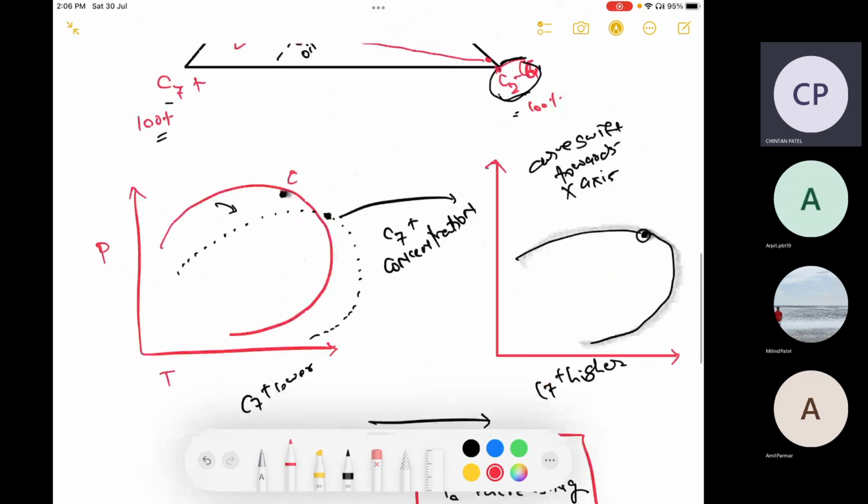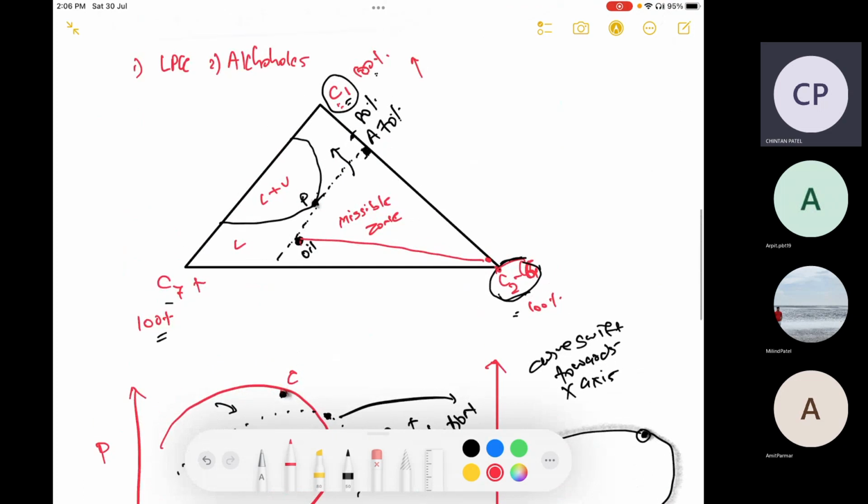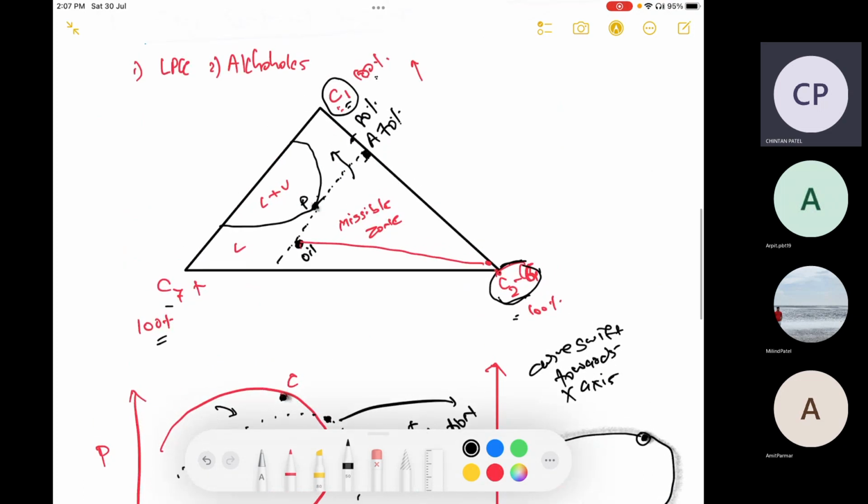Let's suppose if this is your A point, then the oil will pass through this two-phase zone. In that case, you won't get miscibility here. So this OA line must be outside of that zone only. Then and then you will achieve miscibility here.